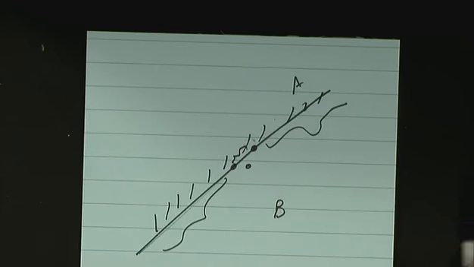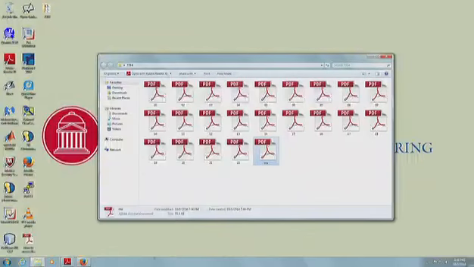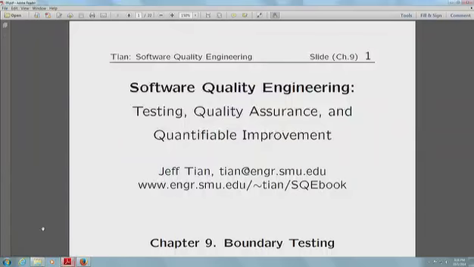Okay. So let me switch over to the PC here. Okay. And actually, I had the exam here, and so the boundary testing.